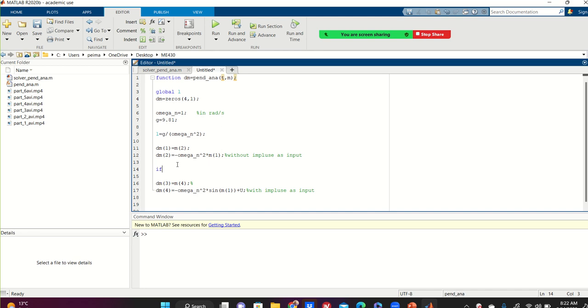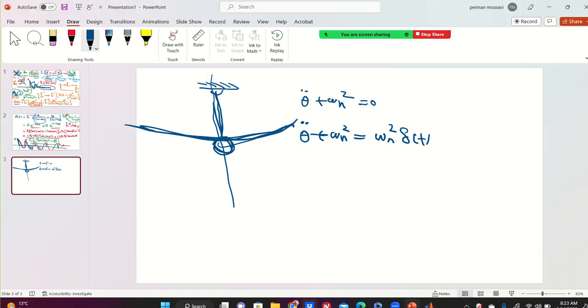So I'm going to put an if, simple like that. If time is smaller than or equal to 0.01, 1 millisecond, put u as, I don't know, 20 newton meter, because it is tau.